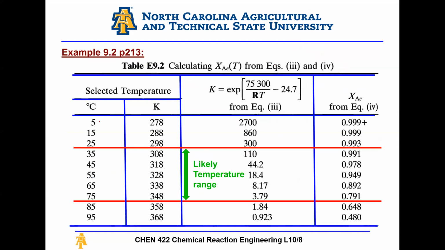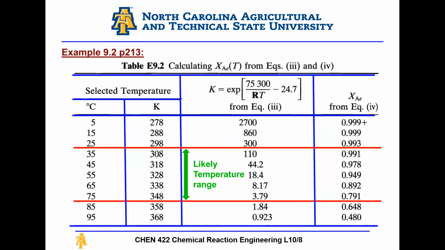This table here just shows your temperatures in degrees Celsius and degrees Kelvin. I'm calculating the K values using the equation we just derived: K is equal to exponential, 75,300 over R, it was 9057 over T, minus 24.7. Plug in my temperature, get my K, so I have all my K values at different temperatures, and this is Kelvin, so just be careful.